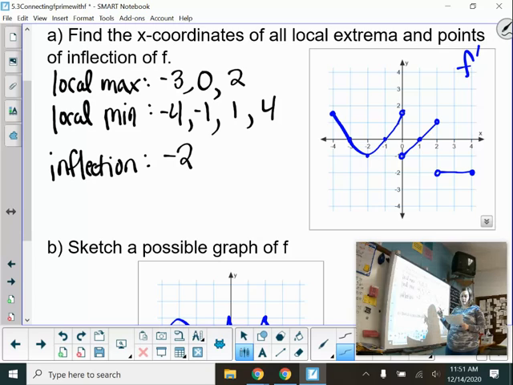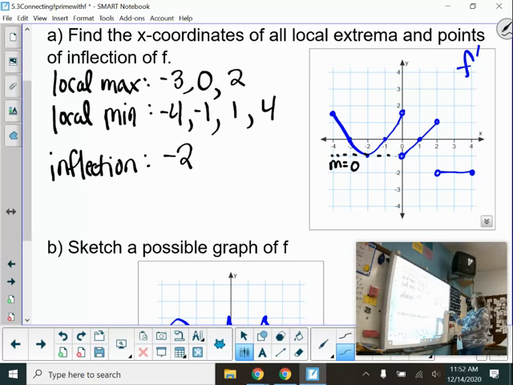And actually, concave down, concave up, that's the only one. -2 is the only inflection point because this is the only place on this graph where we would have a slope that's equal to 0. Because if I sketch the derivative of the derivative, that would be crossing the x-axis at -2.